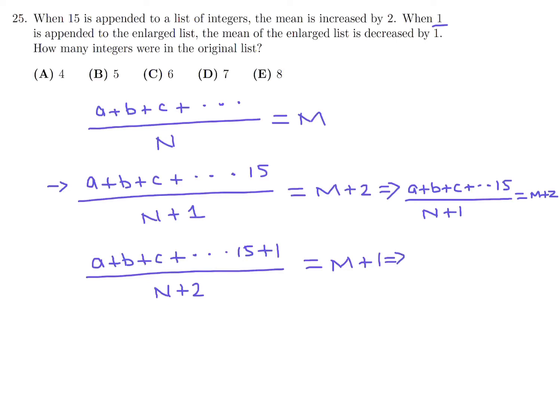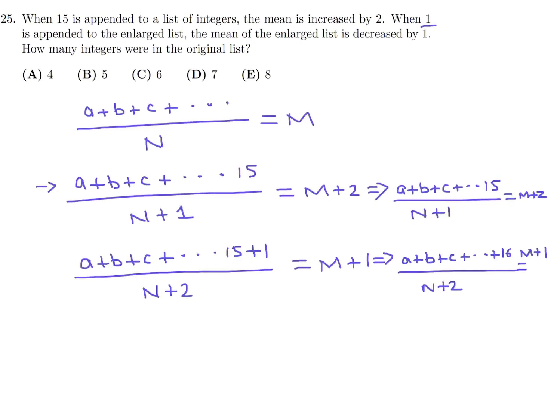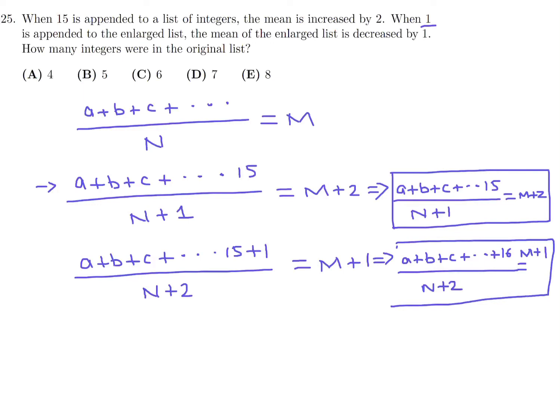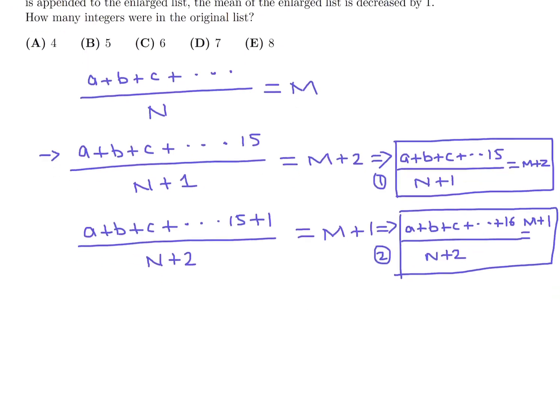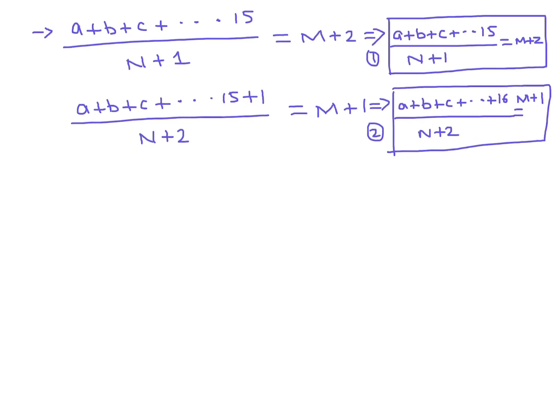And the second one is a plus b plus c dot dot dot plus 16 over n plus 2 is equal to m plus 1, like that. So these are our two equations that we have to work with, and we got these two equations based entirely on the information in the question stem. All right, so let's work with those.